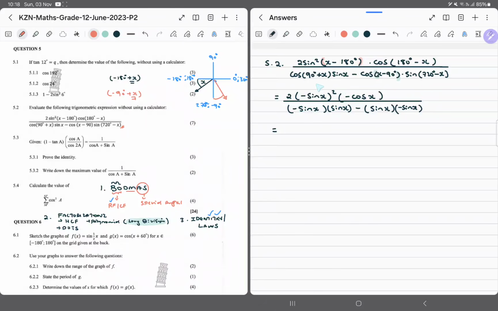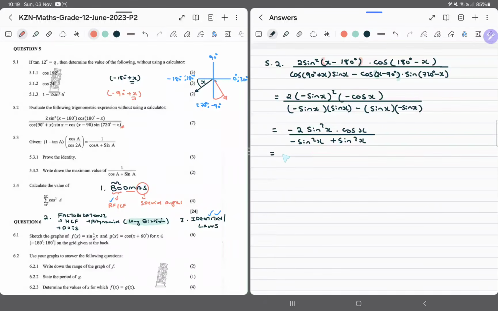So this is squared, so it becomes positive, but multiplied by negative, we get minus 2 sine squared x cos x divided by, here we get minus sine squared x, here we get plus sine squared x.